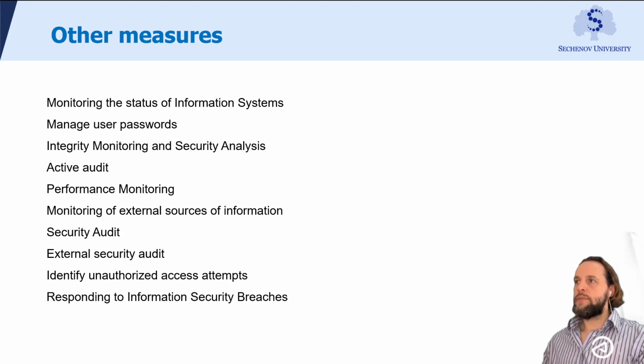Other measures will be monitoring of the status in information systems, management of user passwords, integrity monitoring and security analysis, active audits, performance monitoring, external sources of information monitoring, security audits, which should be done regularly, and external security audits, which is quite the same, but with an external body providing it.